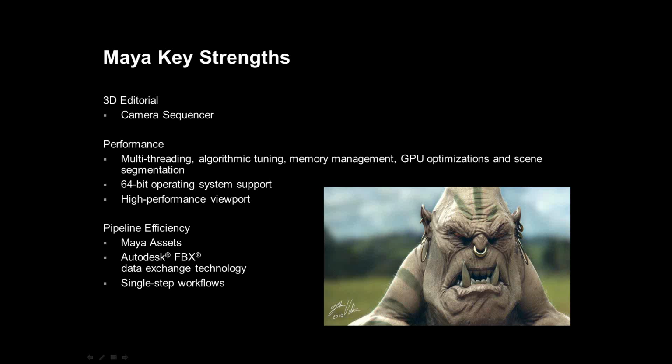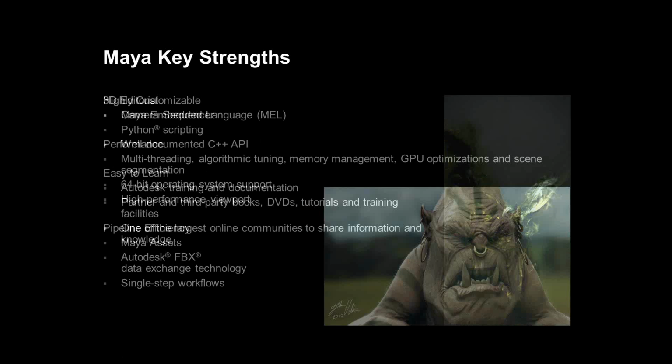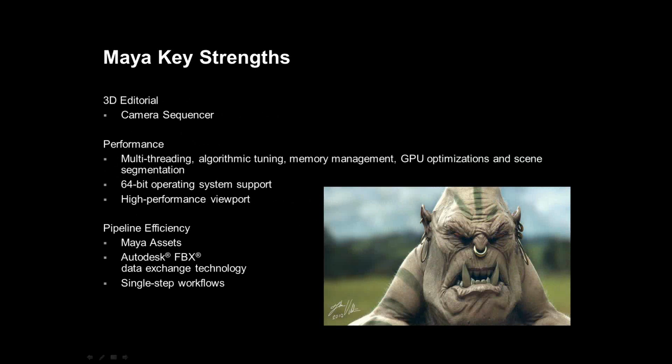But because it's been catching up with the hardware, you'll see that it supports multi-threading and algorithmic tuning. It means that it uses memory management for being able to handle a large amount of data. It has 64-bit support. It does support both Windows and Mac, so there's a native Maya for Mac. And again, it does improve pipeline efficiency.